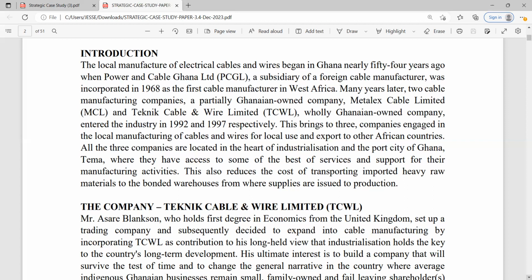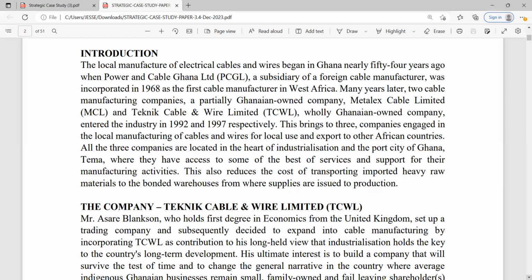So all the three companies are located in the heart of industrialization in Tema. So these companies are located in one of the best places when it comes to industry. And because of this, it reduces the cost of transporting raw materials to the warehouses, right? So there is a knock-on effect when it comes to cost in that sense.